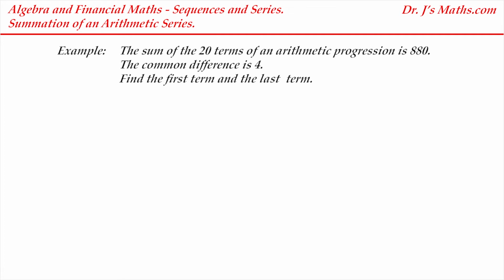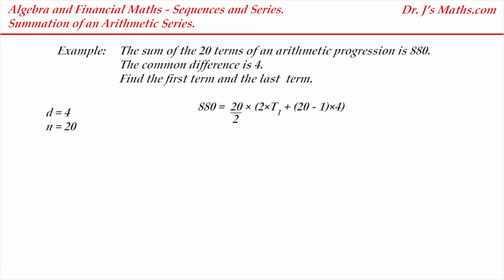Now an example of that would be this one we've got on the screen at present. The sum of 20 terms of an arithmetic progression is 880. The common difference is 4. Find the first term and the last term. So we know Sn, we know n, we know d, so we have to find T1.